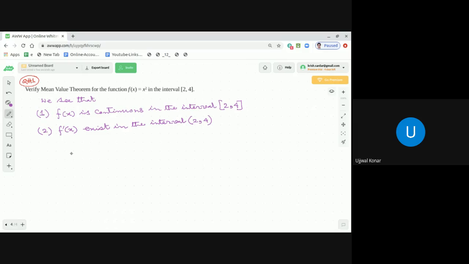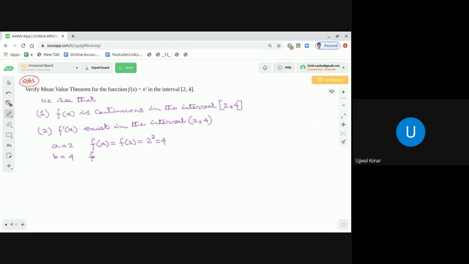What is a? A is nothing but 2. And what is b? B is nothing but 4. So what is the value of the function at a? That is f(2), equal to 2 square, that is 4.